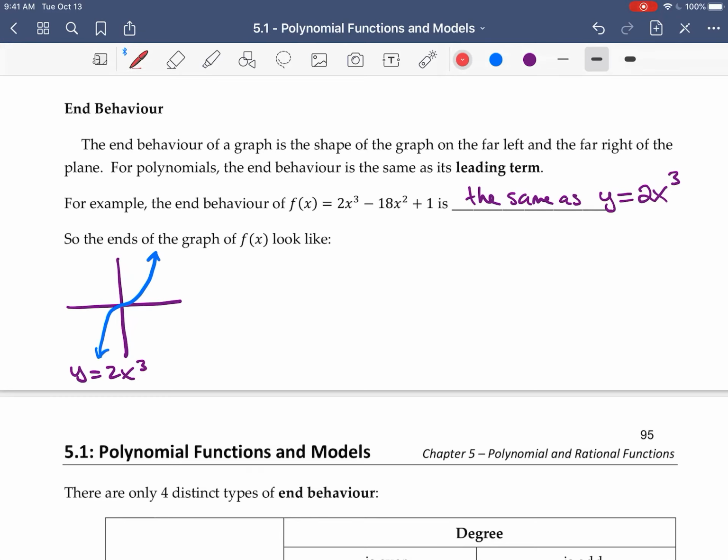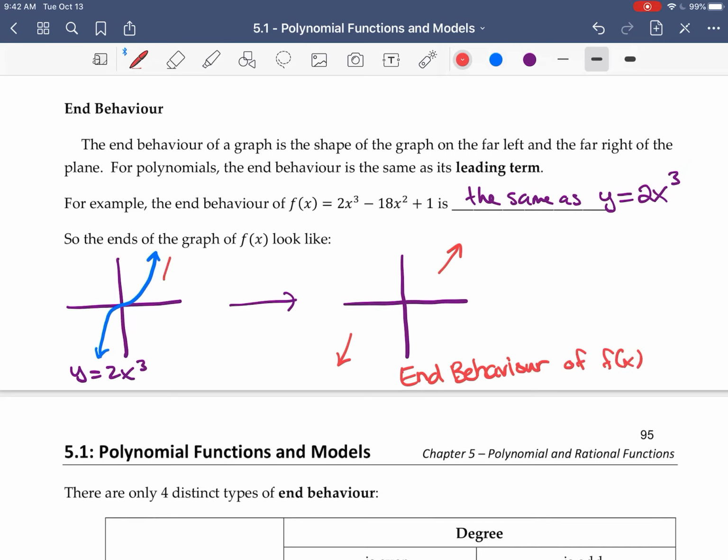But for end behavior, we would say, as x gets really big, it leaves that way, and it leaves this way. So that's enough information to talk about the end behavior of f(x). It's the same as here. What way are the arrows pointing?